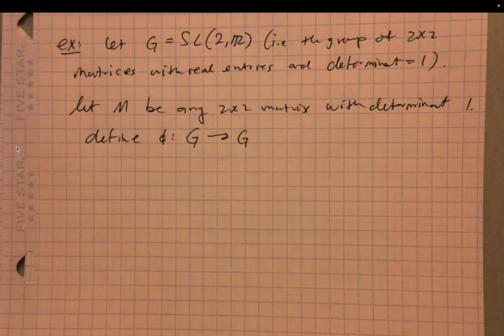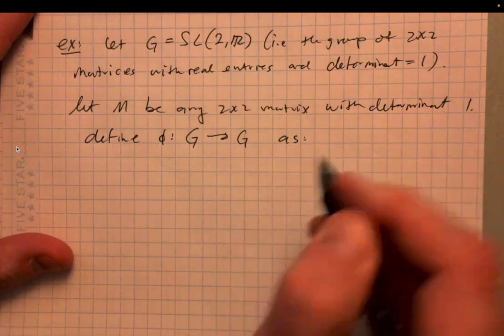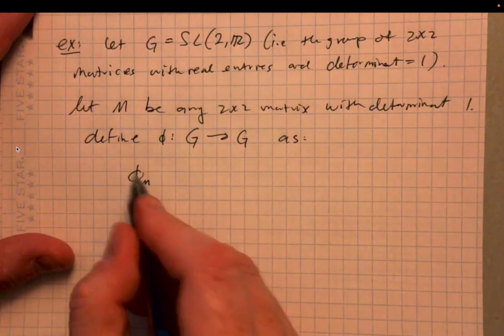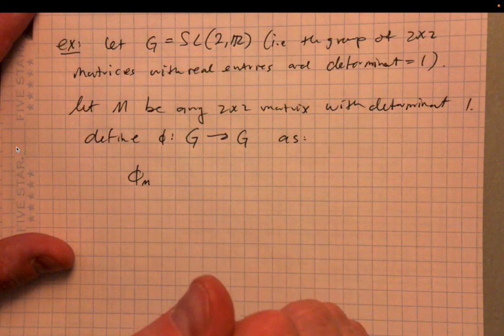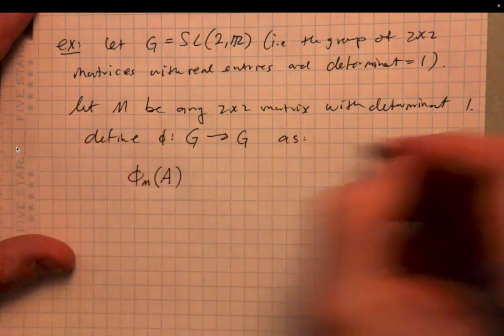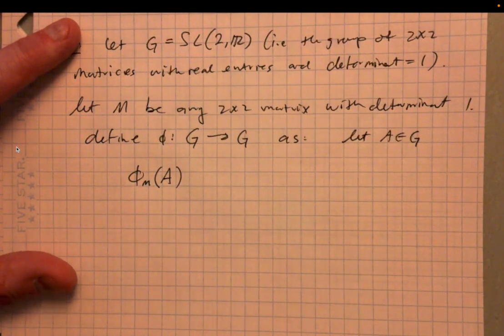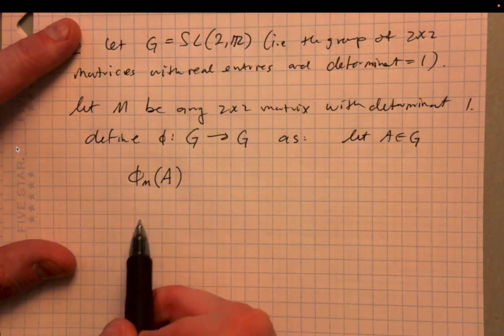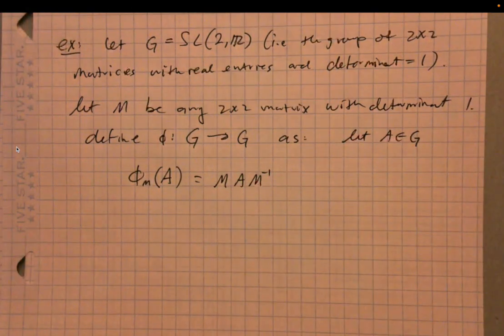A mapping from G onto itself, and the mapping will be defined as phi, and we're going to subscript it with M because M is some 2 by 2 matrix we've chosen. And so phi of M applied to A, where A is some matrix in G, then phi of A is equal to M times A times M inverse. And this will be true for all A in G.